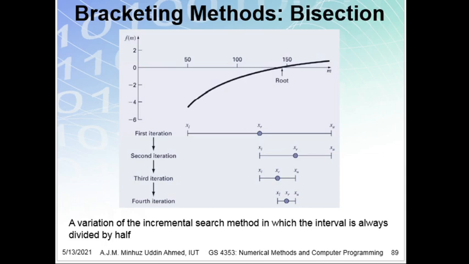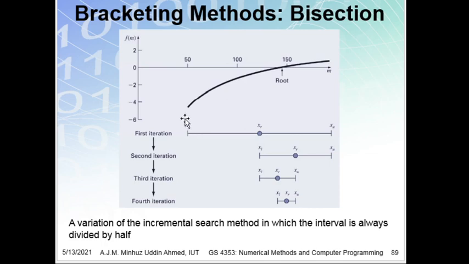So we need to get close to the original solution. So what we do next is calculate the value of fx, that is the function, at this XR. If we see that it is not equal to 0, obviously it will not be equal to 0 in this case, so it will be either a positive or negative value.